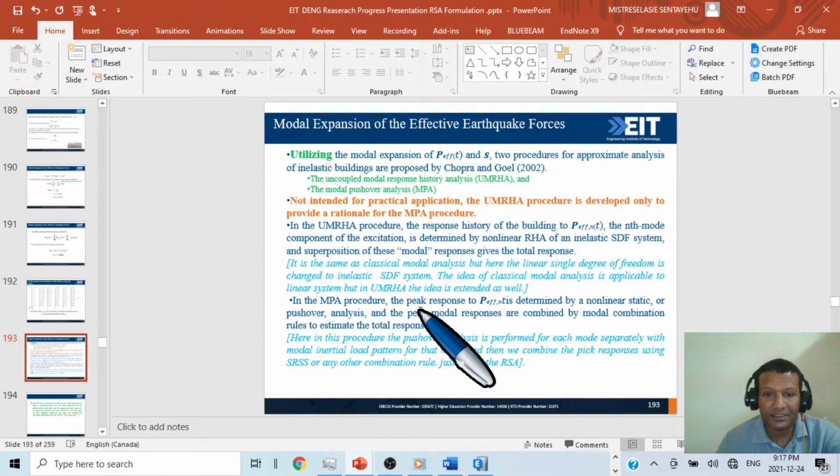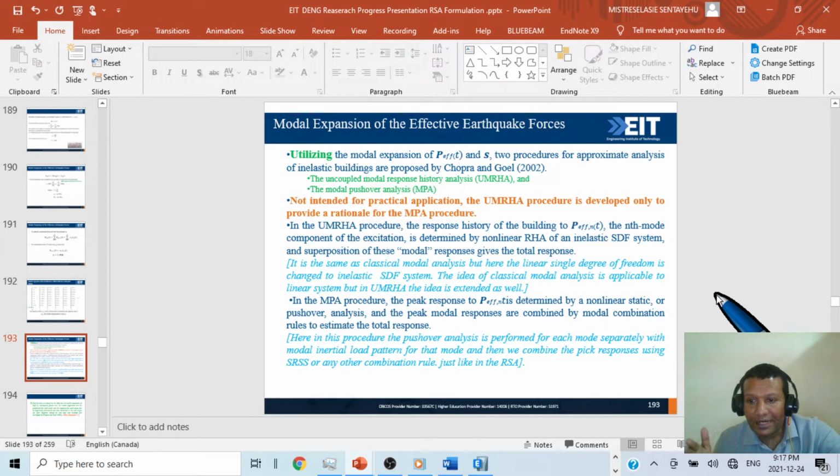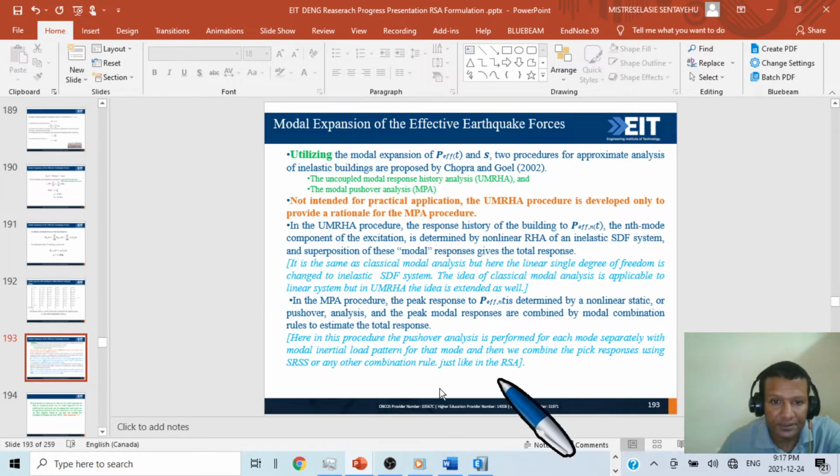So the only difference is for the modal pushover analysis, for the nth mode we will incrementally add the force as we have seen in this video, and we will extract the responses for each mode. Then we will use SRSS or any combination rule to find the responses.